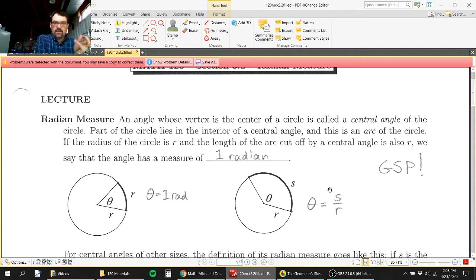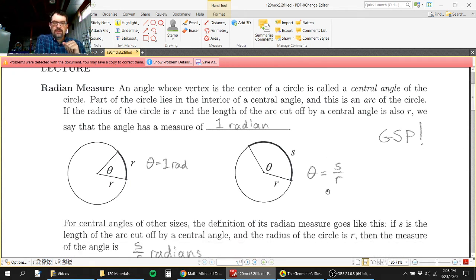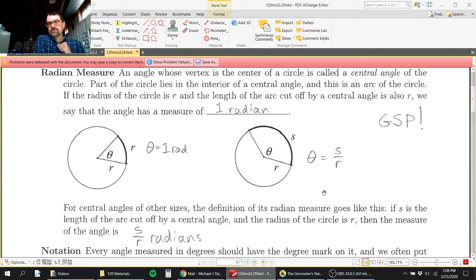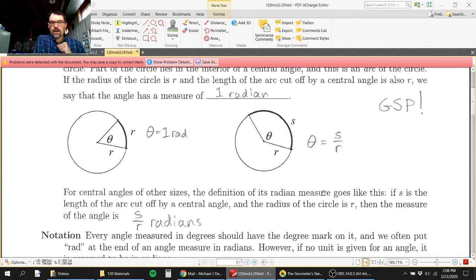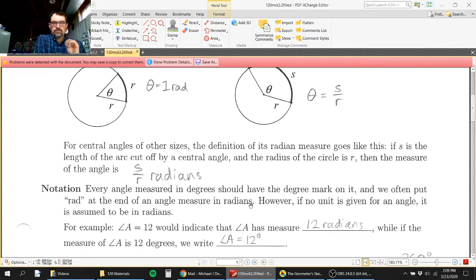Now, ultimately, we need to get to the question of how you go back and forth between radians and degrees. This is just reiterating what the second picture says: s over r is the measurement in radians for an angle. In terms of notation, when we have an angle measured in degrees, we put the little circle there to show that we're measuring in degrees.